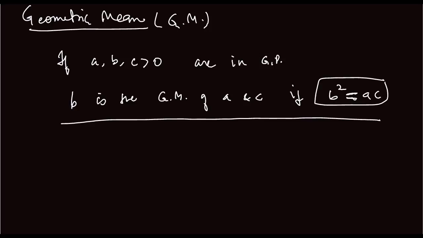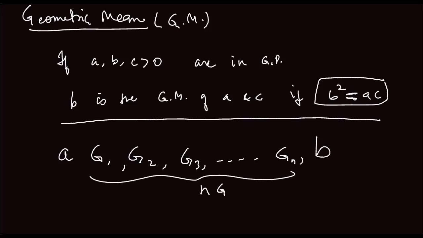If you have n geometric means between two positive numbers A and B, let's say G1, G2, G3 up to Gn, and then B, then the relation between all these n geometric means will be: G1 will be A, B by A to the power 1 upon n plus 1.